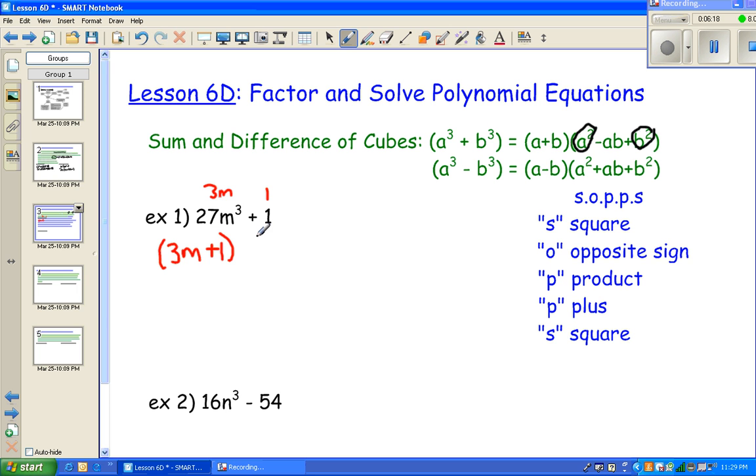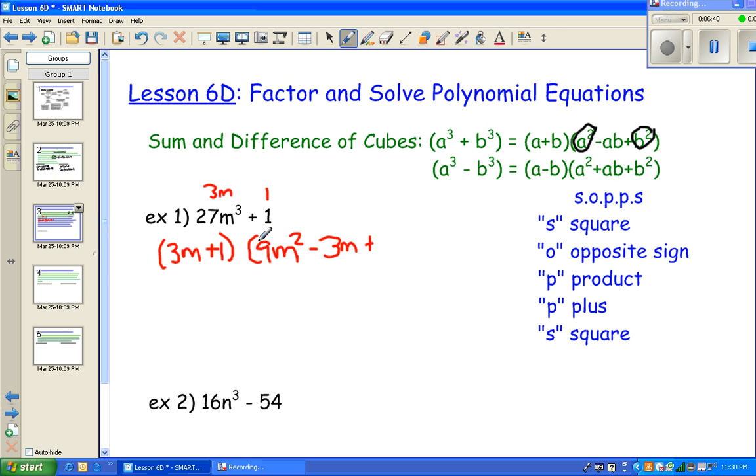The second part is where that SOPs comes in. So this first number, this 3m, you're going to square that. So that's going to give us 9m squared. Then whatever sign you used here, you're going to use the opposite. You're going to multiply these two things together.